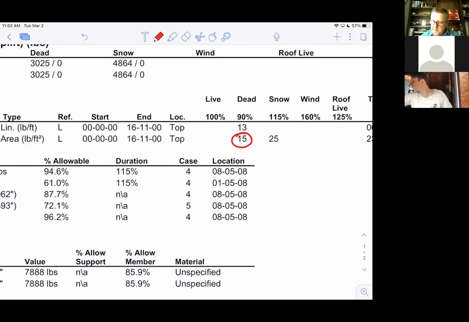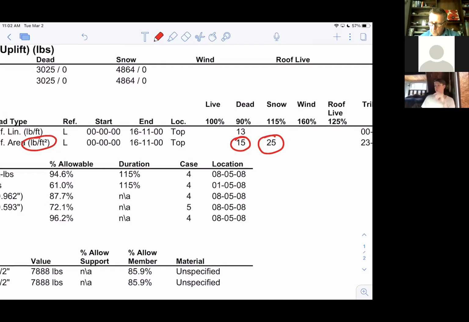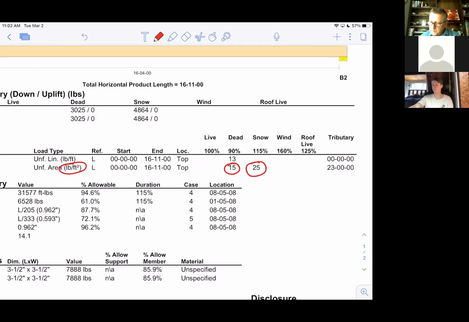Around here anyway, the dead load for the roof is 15 and the snow is 25. At least that's kind of an approximation for it. So roughly you're getting 40 pounds per square foot. Notice you're told that over here. 40 pounds per square foot that's sitting on this roof. And it has 23 feet of roof that's attributable to that beam.